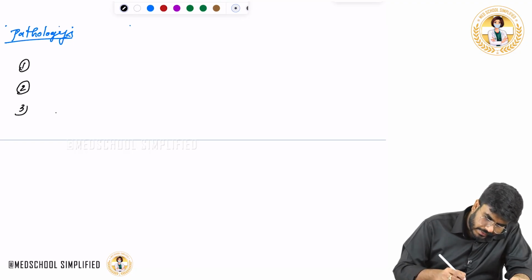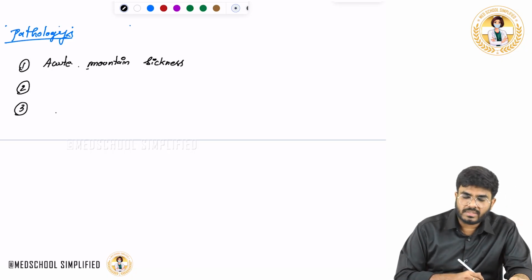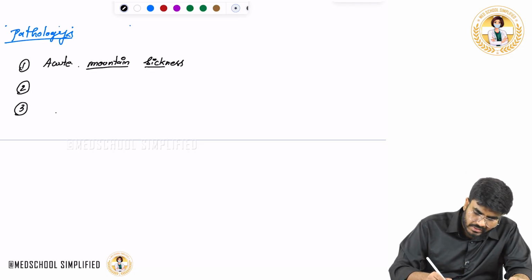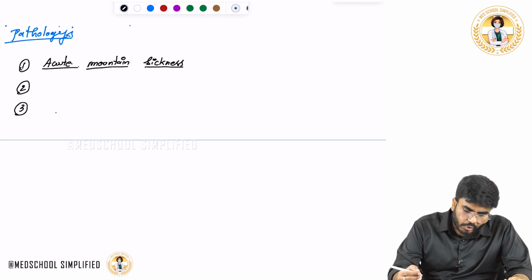Let me write here itself: acute mountain sickness. The patient is having acute mountain sickness. When you ascend rapidly to the mountains, you will get acute mountain sickness.